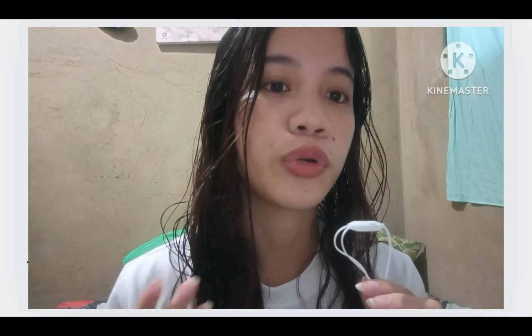So the first paragraph is the introduction. The second, third, and fourth is the body. So ma-insert nimo dira sa body ang imong topic. Of course, imong i-elaborate or imong i-expound ang imong topic with the help of the reasonings, your topic itself, and what's more to know about the topic.